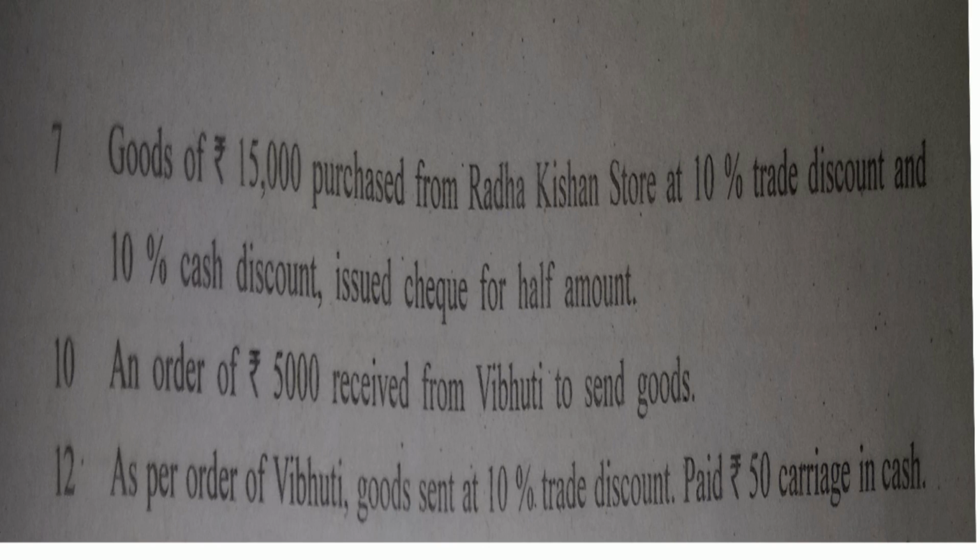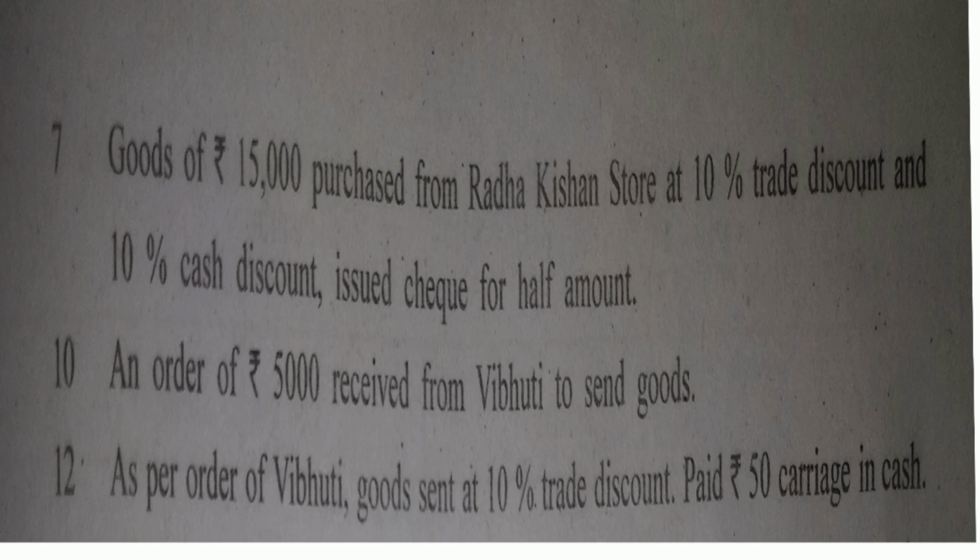So 5,000 minus 500, 4,500 rupees. Vibhuti is receiver, debit the receiver. To sales account, goods goes out, credit what goes out. 5,000 minus 500. 500 is the 10% of 5,000 trade discount. And the amount is 4,500 rupees.